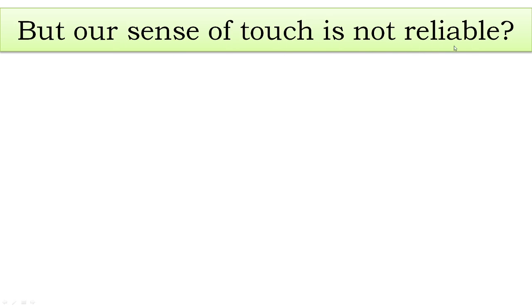Not reliable means something on which we cannot trust completely, right? So our sense of touch, it can fool us. Sometimes it can fool us, not all the time, but sometimes. Therefore it is not a reliable method of telling whether an object is hotter than the other.